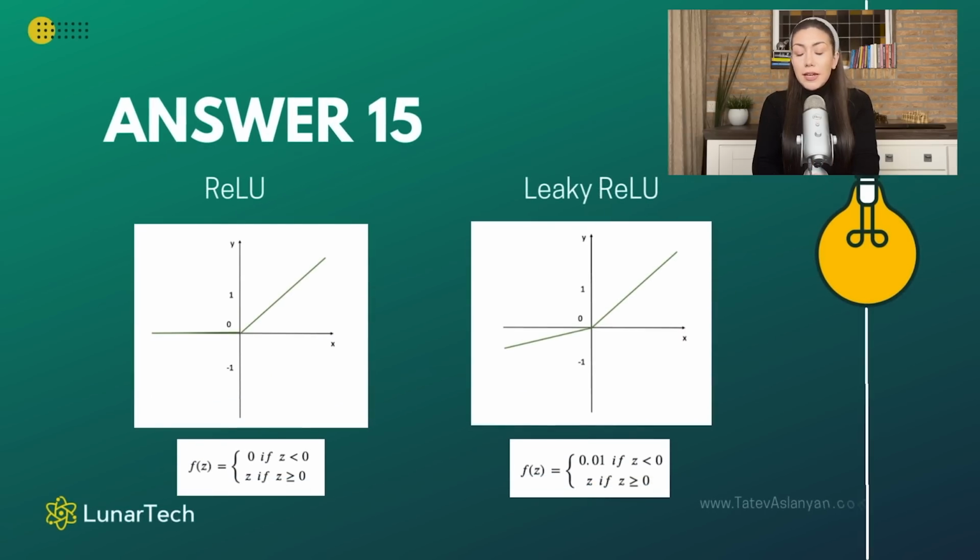The next set of activation functions that we will discuss today are the rectifier linear unit and the leaky ReLU, so leaky rectifier linear unit. Unlike the sigmoid activation function and the tanh activation function, ReLU or leaky ReLU, they both do not suffer from saturation. This means that they are then no longer causing the vanishing gradient problem, and they are great for using as part of the hidden layers.